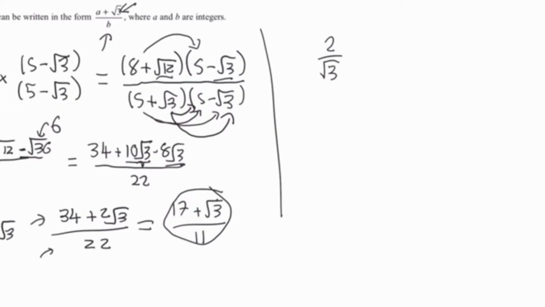Well, in this case, all we need to do is multiply the top and bottom by the square root we have, so by root 3. So at the top, we're getting 2 root 3, and at the bottom, we're getting root 3 times root 3. So that's square root 3 all squared, which is the same as 3, because the square root and the square will cancel each other out. So this is another type of thing they could also ask.